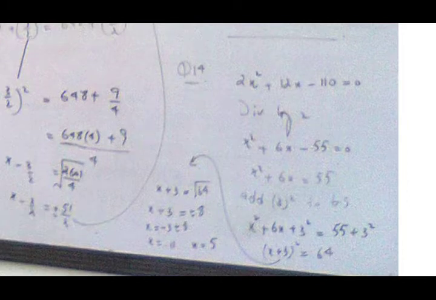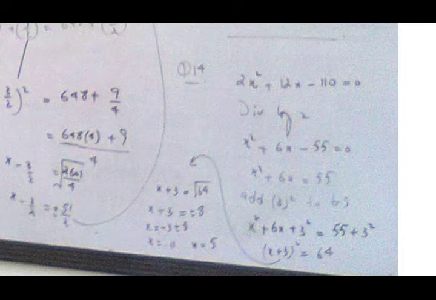And in this question we have the coefficient of x square equal to 2. In completing the square we always make it 1. When we solve a quadratic equation by completing the square, the coefficient of x square is always 1. To make it 1, we divide by 2, and the coefficient of x is 6.